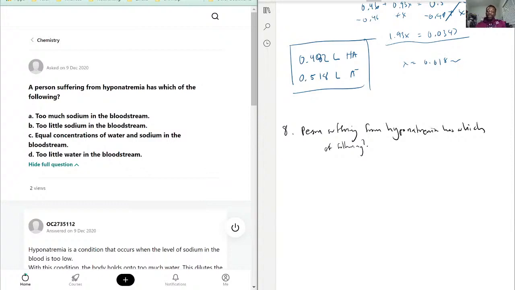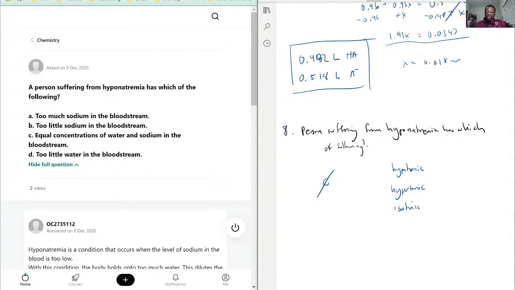So for this, right away we'd cross out C. It's not C because if you remember your prefixes, hypo means less, hyper means more, and iso means same, especially when you're talking about osmosis and solutions: hypotonic, hypertonic, and isotonic. Because it's hypo, we know we cannot have equal concentrations of water and sodium in the bloodstream. That won't be correct, okay?